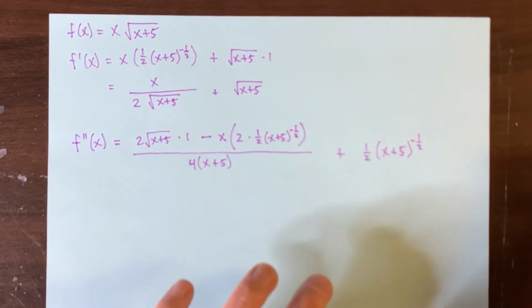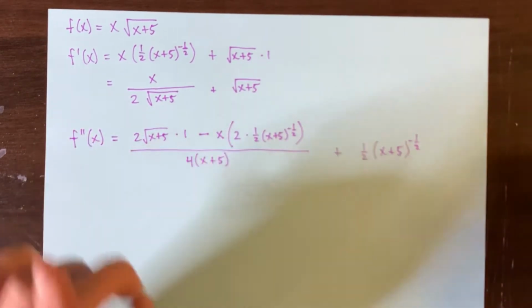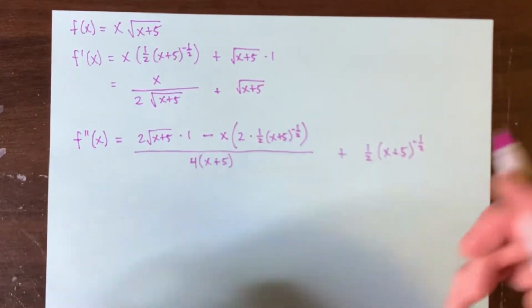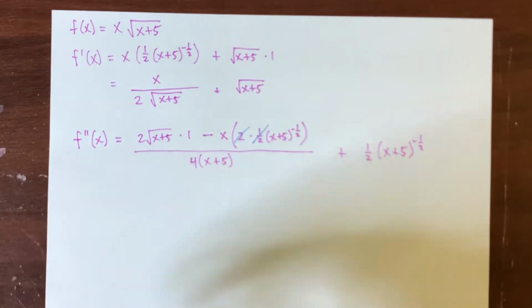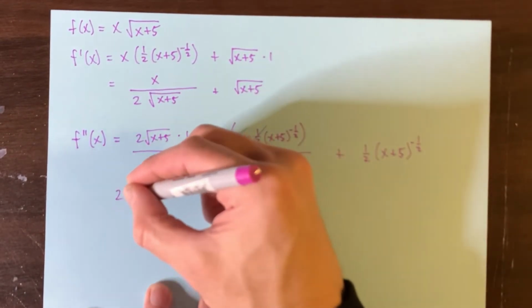The goal is to find the points of inflection, which means we take the second derivative and we set it equal to 0. So let me do that, and I guess I'll do a little bit of cleaning, such as that knocks out. So let me jot down the second derivative, having simplified it just a little bit.